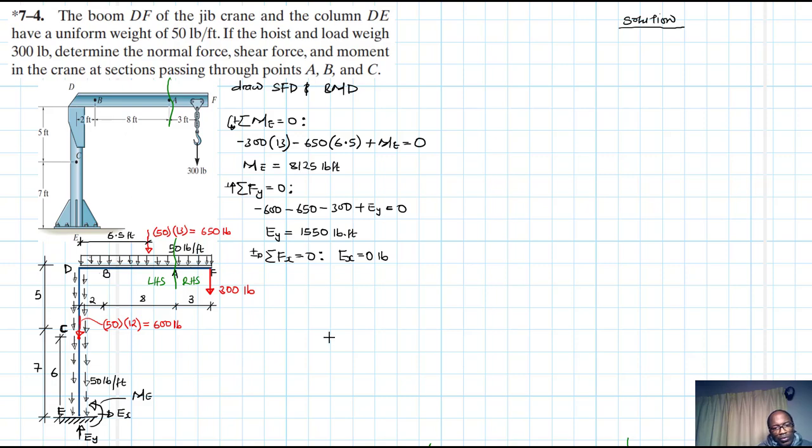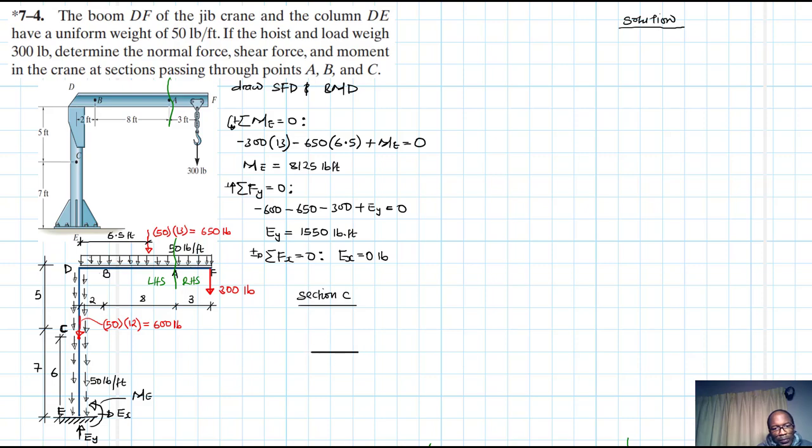We go with the simplest one. So we have done a section, we'll call it section C. So we'll go with the simplest one, which is the right hand section.